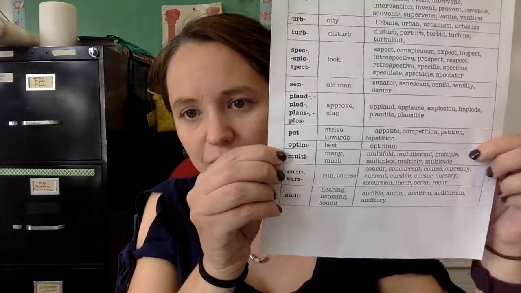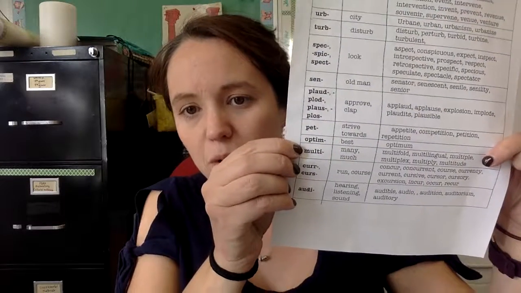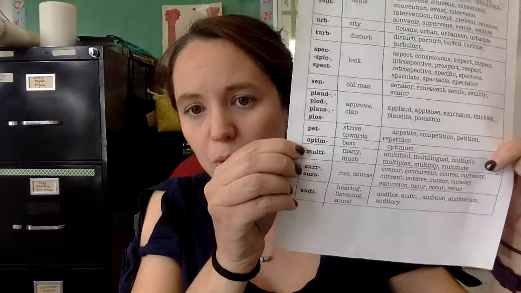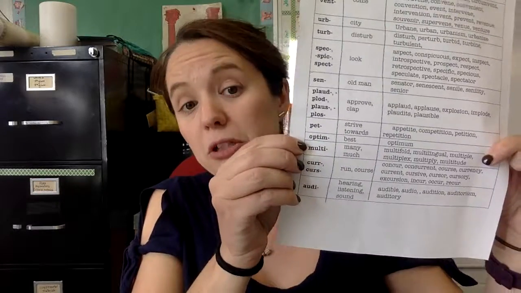If I chose mult, I'd write mult in the center, and then I'd find ways to illustrate multifold, multilingual, multiple, multiplex, multiplicity, or multitude. Again, with the illustrated poster, you just have to draw them instead.